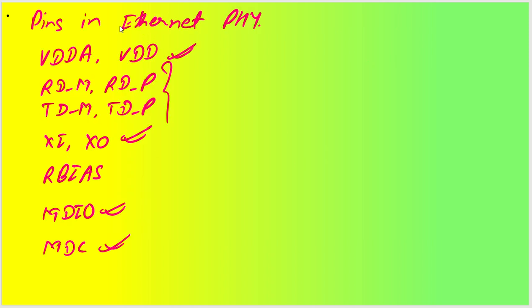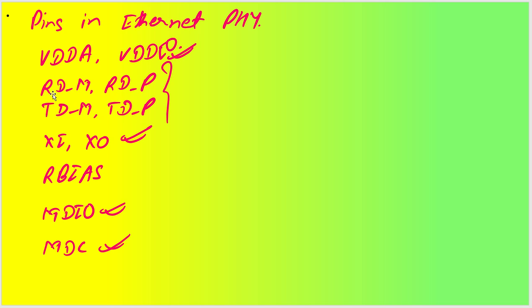We will have the Ethernet PHY pins such as the VDDA pin, that is the analog supply pin, then the VDDIO pin, which sets the IO logic level, which can be 1.8 volt or 3.3 volt. Then we have differential transceiver lines, the differential receive and transmit lines.